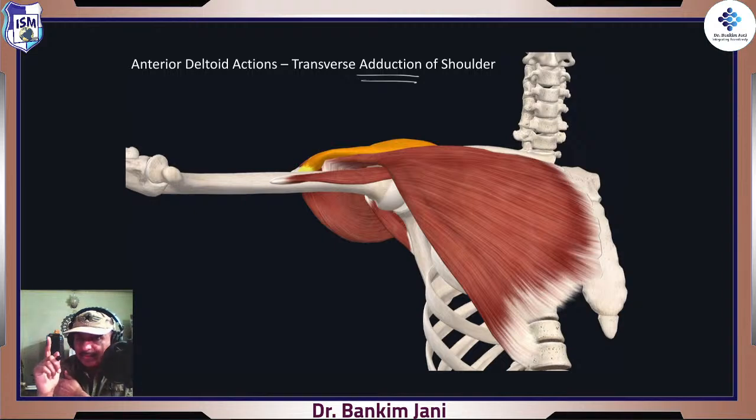See how interesting, right? When the middle muscles are contracting, they are taking the arm in abducted form, right? Abduction, right? Middle muscles are taking it away, and when the anterior contracts, they are getting it back, right? So here it is, the second one.